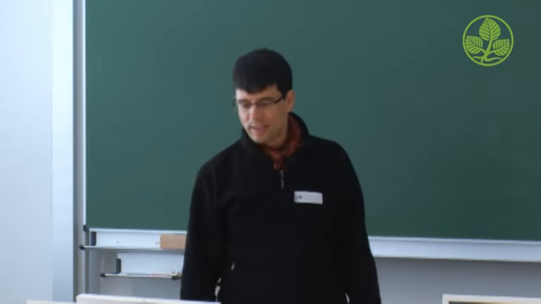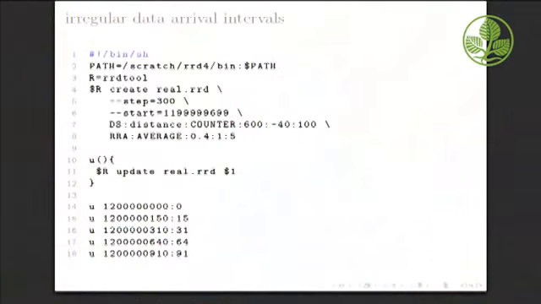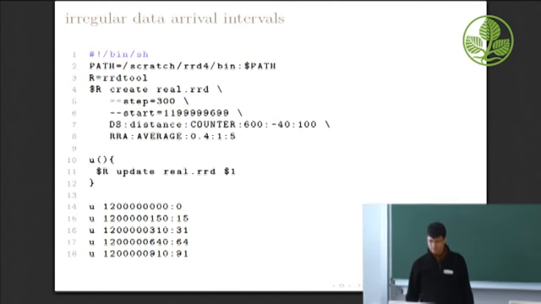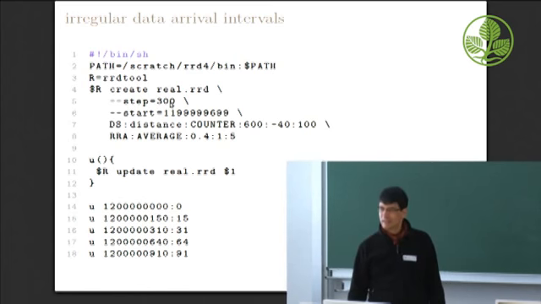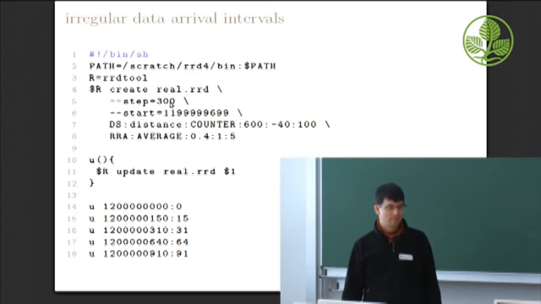Okay, and here's an example of what happens when data is arriving at irregular intervals. That code is all available on the website if you want to try it out. We're creating a database at the 300-second interval.